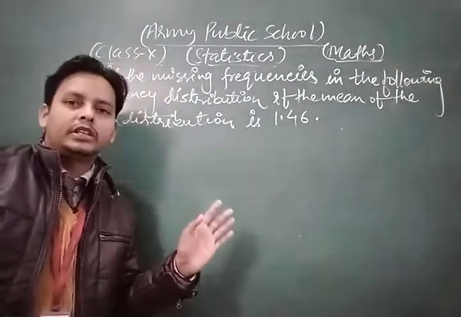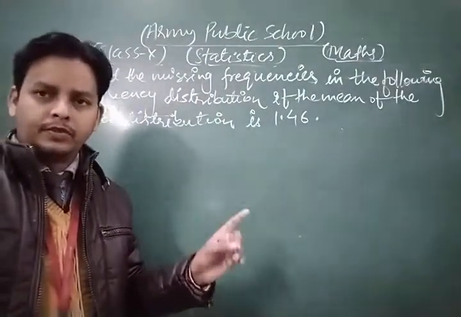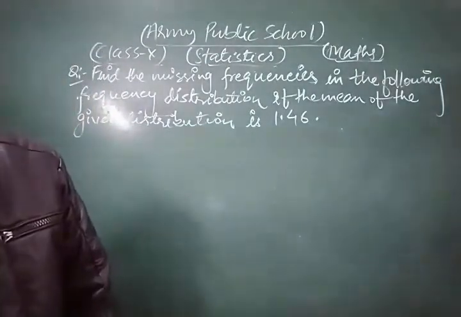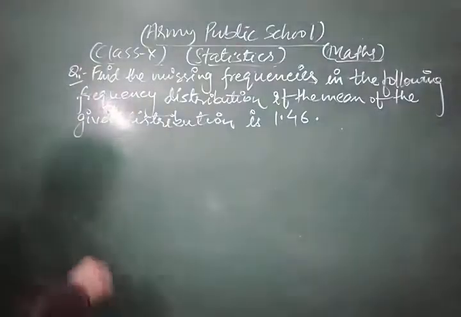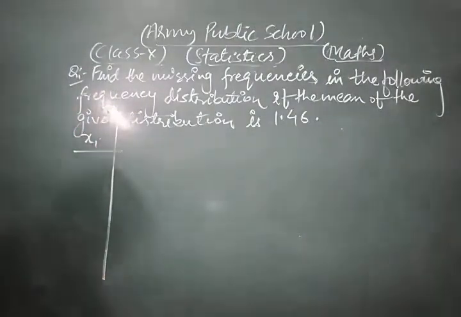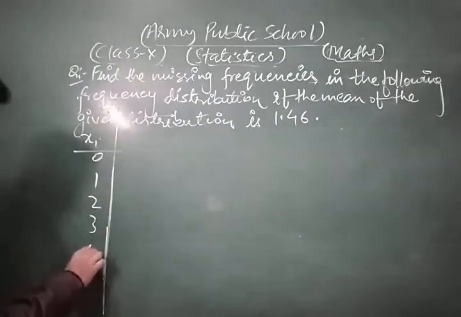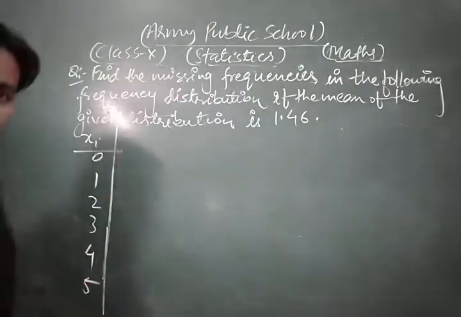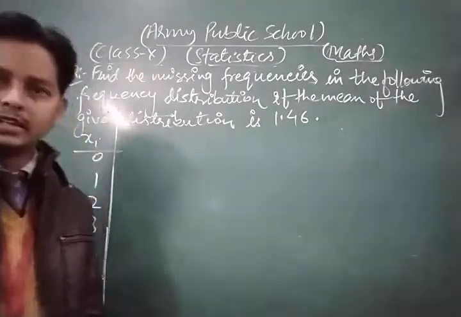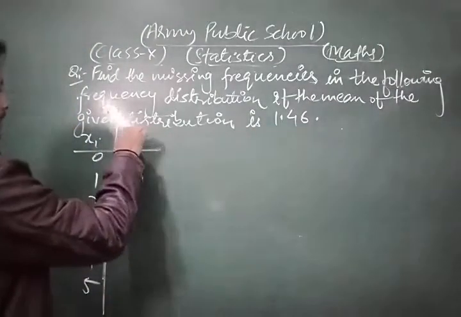Now look, the distribution is x, each xi is given: 0, 1, 2, 3, 4, 5. This is given for each xi, and their corresponding frequency is f.